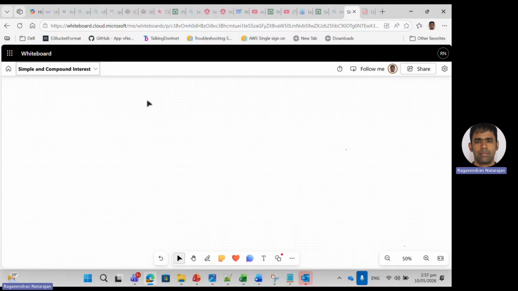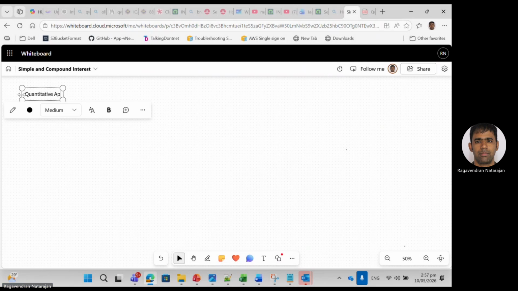I'm going to take classes in quantitative aptitude. This is one of the papers for CA Foundation. This paper has three parts.